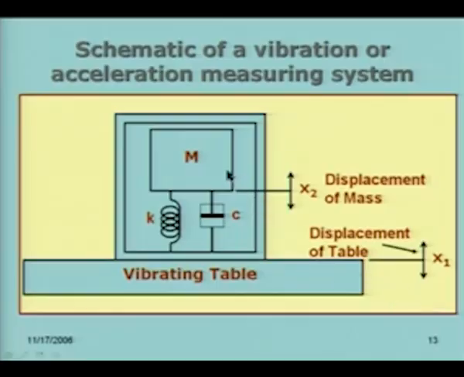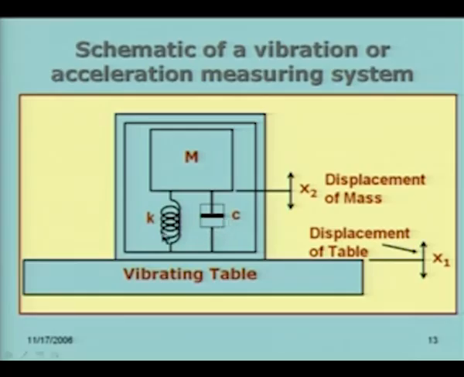So, the mass is undergoing a vibration motion x2 as shown by x2, and let us see what is going to happen schematically. If this goes up by x1, this moves by x2, the spring and the dashpot, or the spring and the damper, are going to undergo a change x2 minus x1. x2 minus x1 is the displacement of the spring as well as this element here.